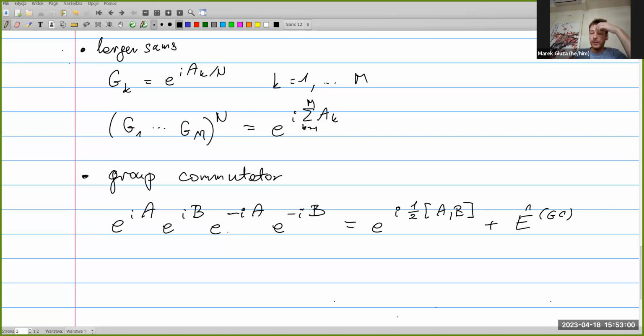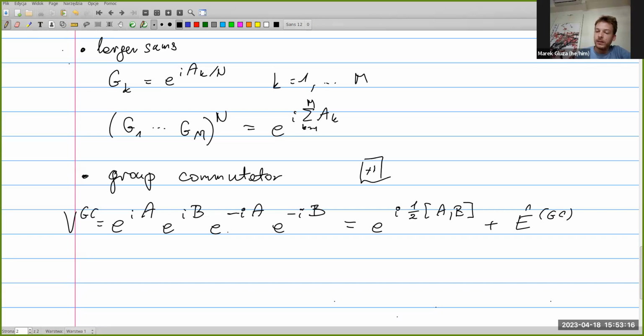So now we were talking a lot about notations and so on. And what we can prove is that if I consider this group commutator circuit, it's a small circuit, right?